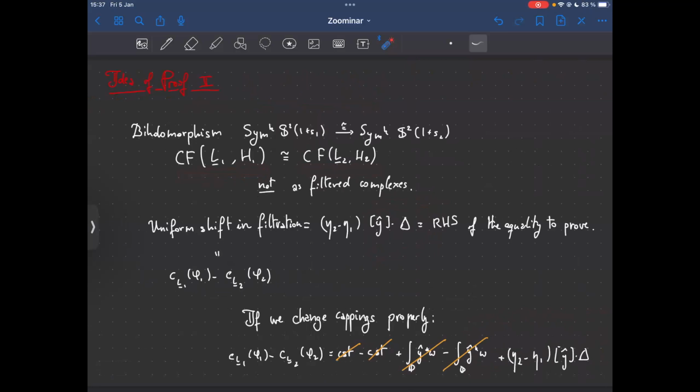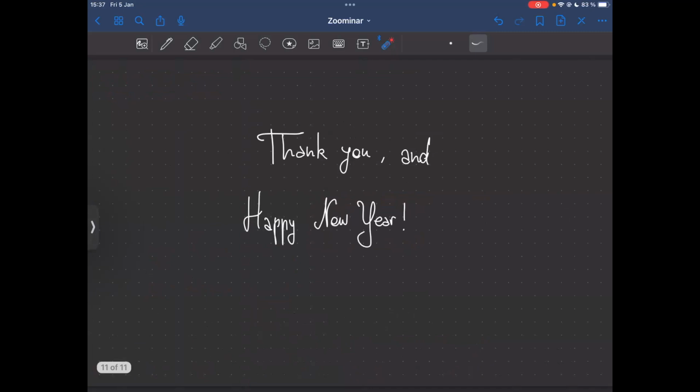This identification does not respect the action, and the failure to respect the action is exactly given by the difference we want on one side and by the difference between spectral invariants on the other side. To compute that, we have to change couplings properly, and we can do that because of certain monotonicity properties of the Lagrangian link. So I am done.